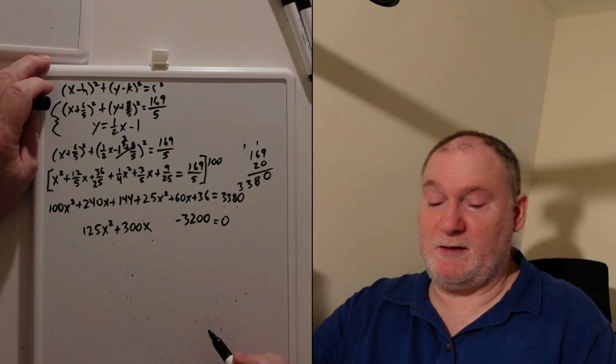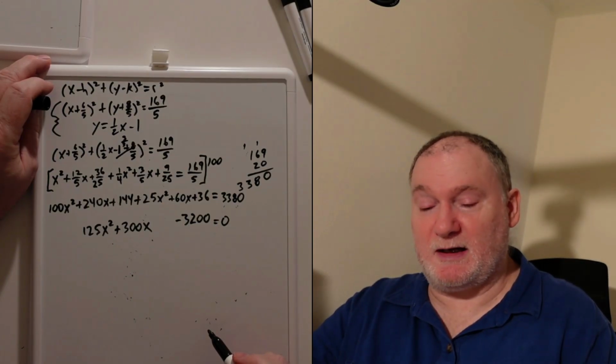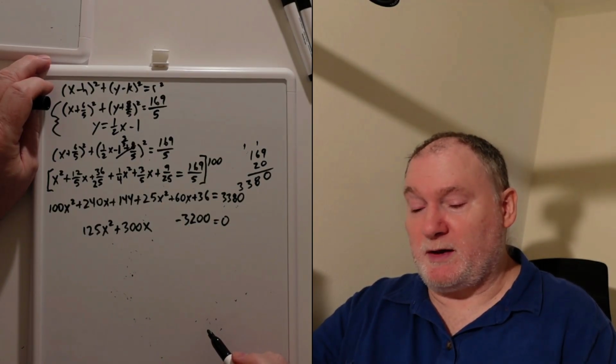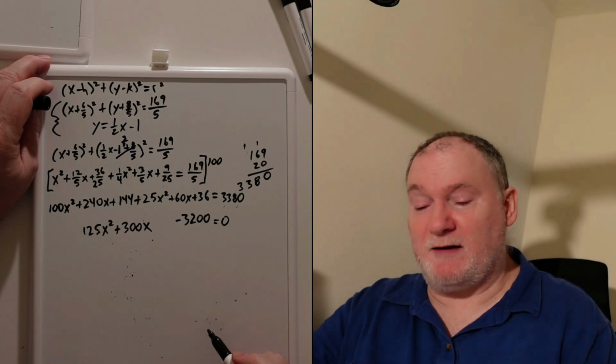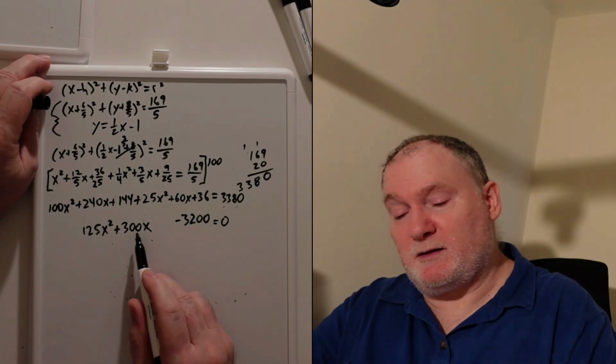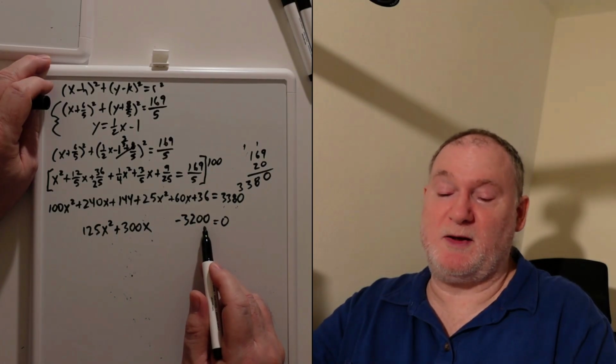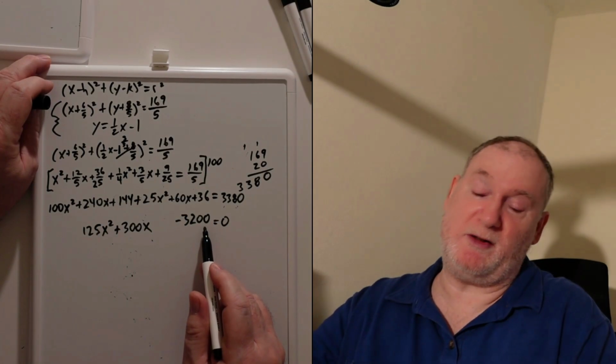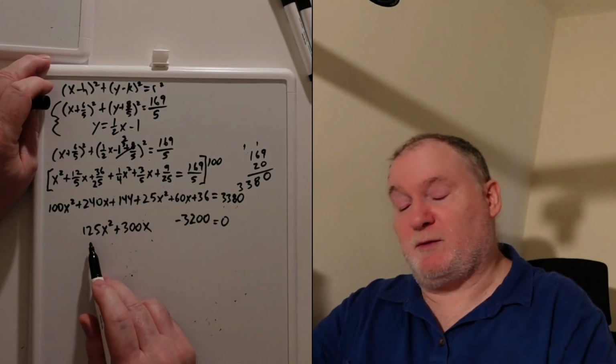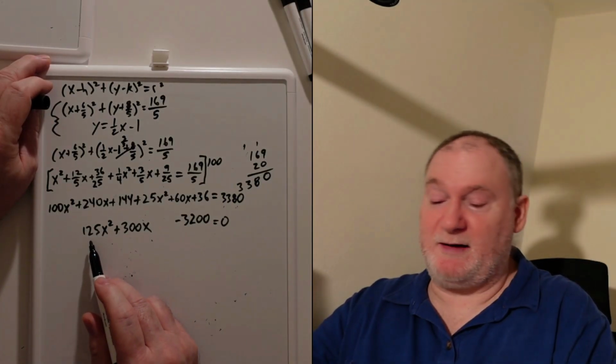Well, there's obviously a lot in common here, so we're going to take out 25 from everybody. 3200, with the last two being zeros, that means it's a multiple of 100, which means it's a multiple of 25. 125 clearly is a multiple of 25.